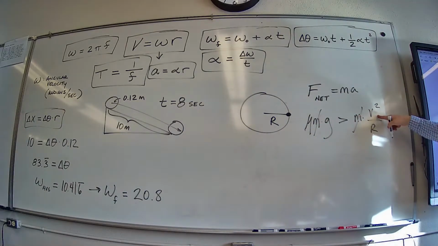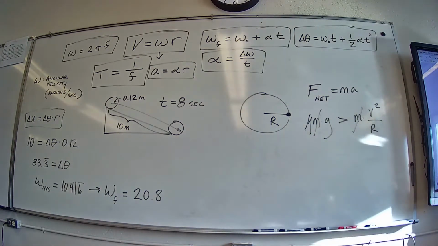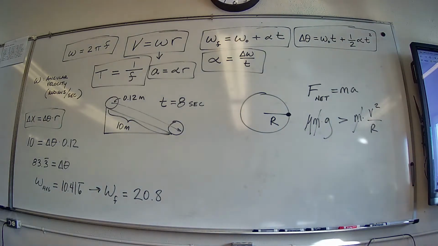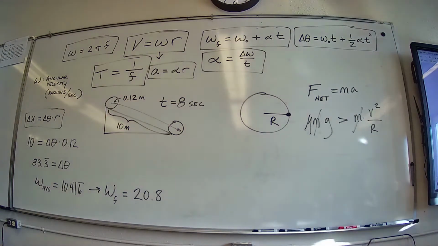Replace the v with omega r, and then just solve the inequality. If you want the puck to remain on the platform, you want mu to be bigger than this number. You want mu to be big, a high friction coefficient. So you'd end up with, I think E? Yeah, you'd end up with E.